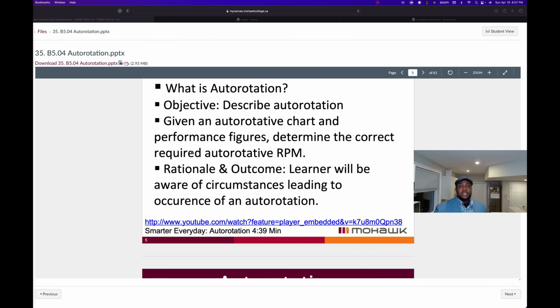In autorotation, little or no airspeed will cause a high rate of descent. If we don't have sufficient forward airspeed, this could lead to a high rate of descent, which is not a desirable thing.